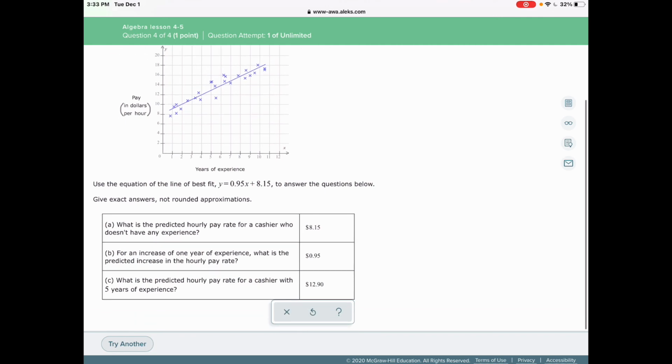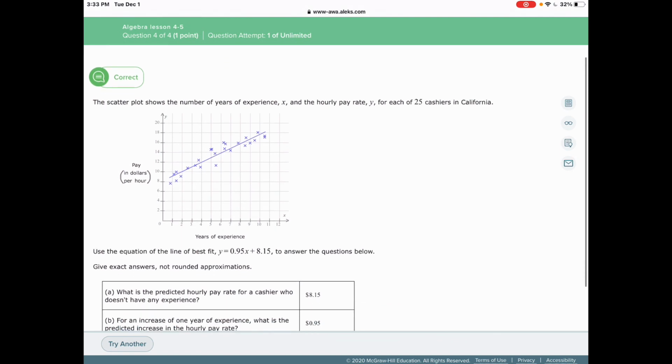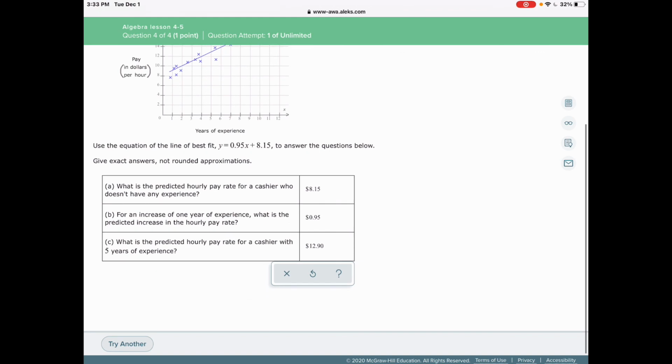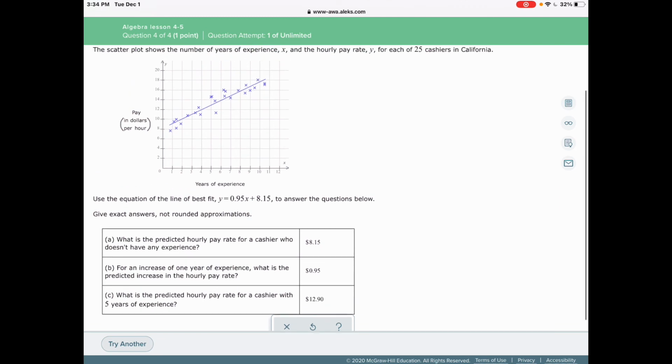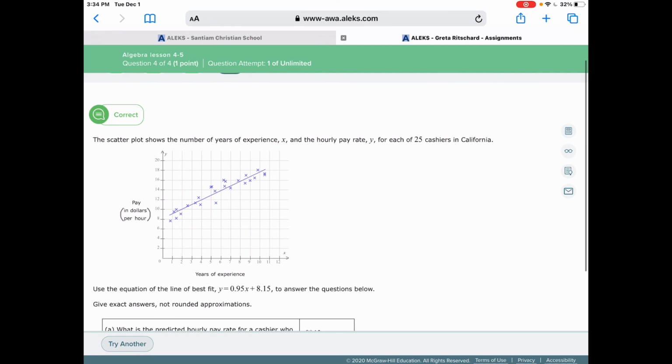I took off the problem number 5, where you calculate the line of best fit, not because I think you can't do it, but because it's so easy to type in a number that there just seem to be problems with trying to get it right or getting what the program wants you to say, and that's not the point. So we will do some calculating lines of best fit later in a different format.